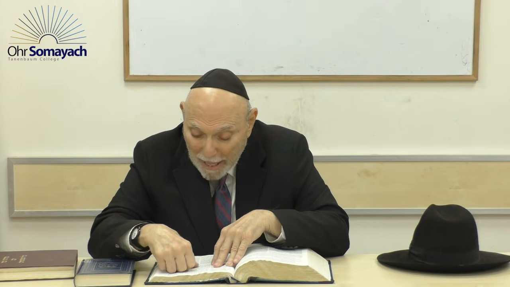Bury me there.' And now I'd like to go up and bury my father there and come back." That's what the pasuk says. Okay, so they spoke to Paro, obviously, because the next verse says that Paro said, "Go up and bury your father as you swore to him."